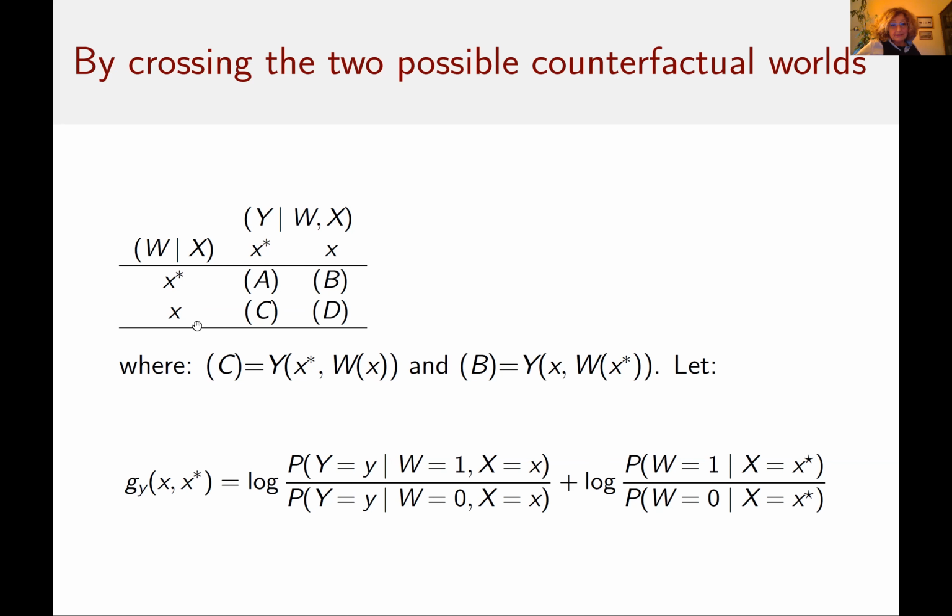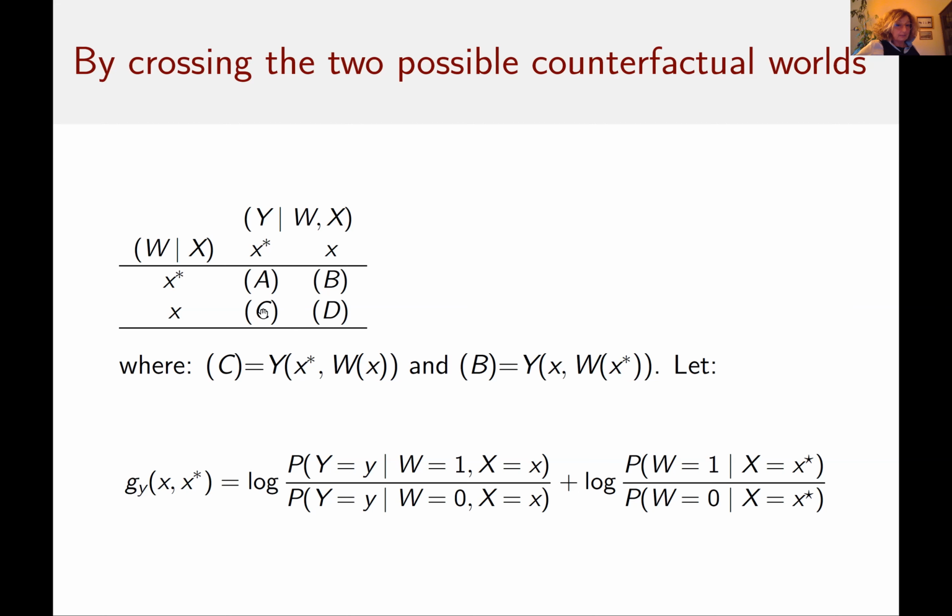Because if you look at this 2x2 table, you have 4 terms, and on the main diagonal you have the observed quantities, the usual ones, and off the diagonal you have elements where you are conditioning on X instead of X star for one or both.